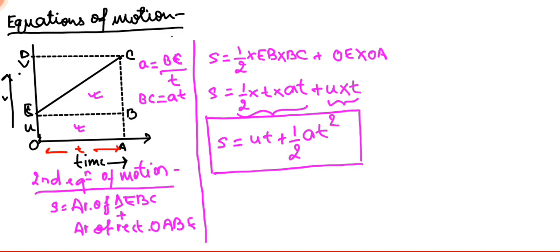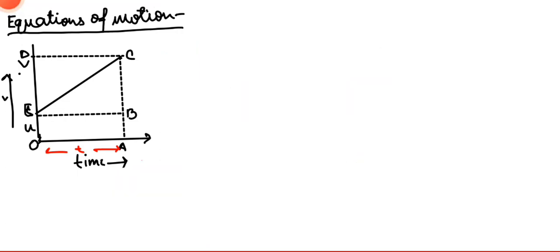So, let's move to the third equation of motion now. Students, in the third equation of motion, we have 2AS is equal to V square minus U square.